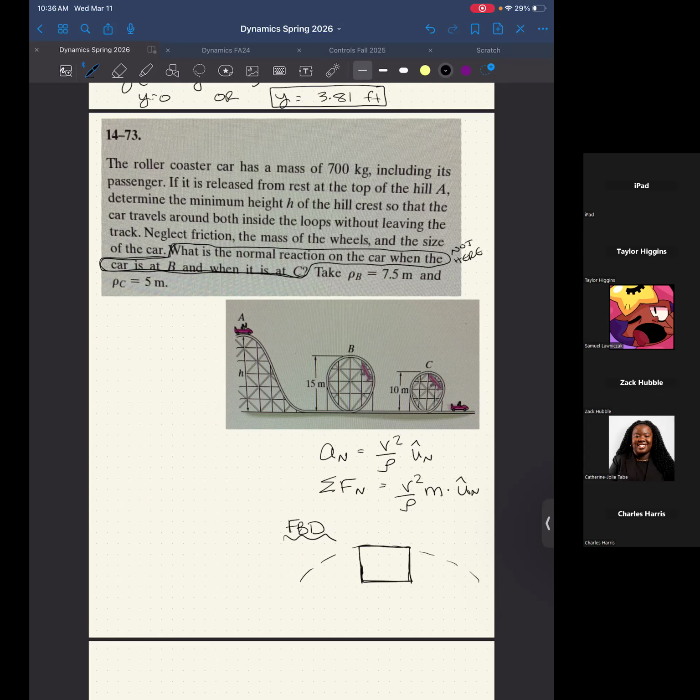So forces acting on the body at this point are really just going to be mg and the normal force between the track and the body. Now, if you're going really fast around a curve, do you feel as if you're being squished towards the outside of the curve or towards the inside?